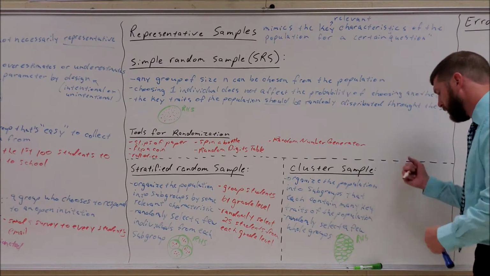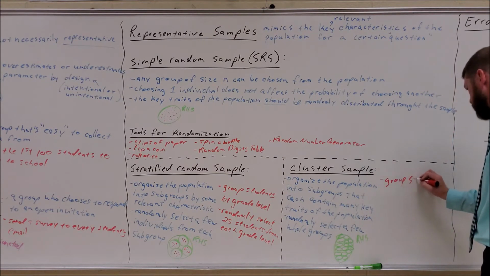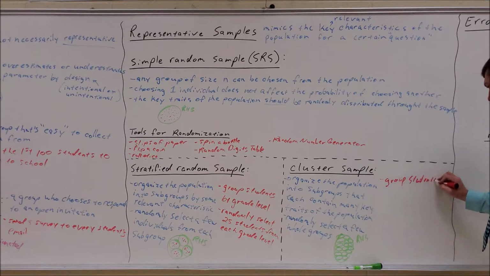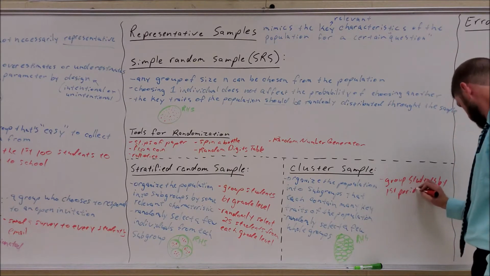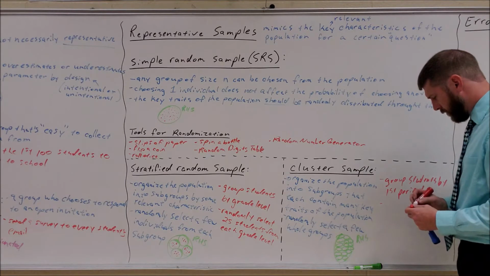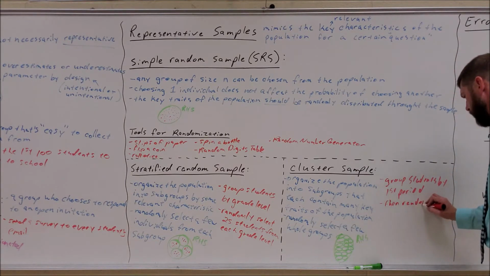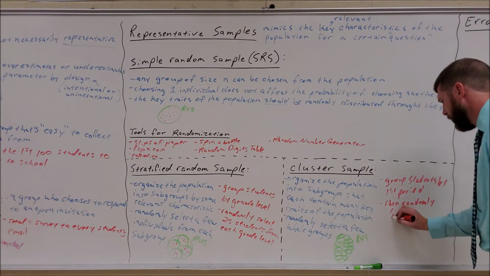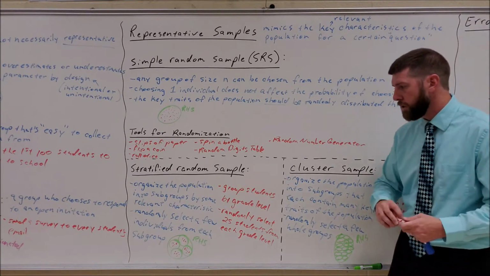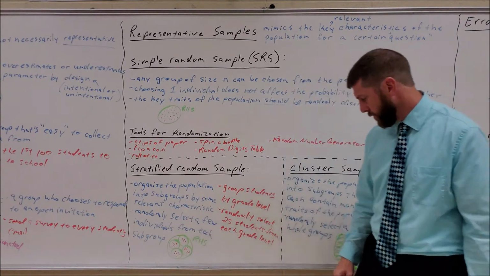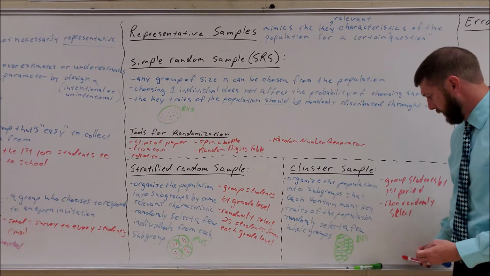So I could group students by first period, and then randomly select. Well, how is this different from stratified? Here, I put them into subgroups. Is this just smaller subgroups? No, the difference is right here.